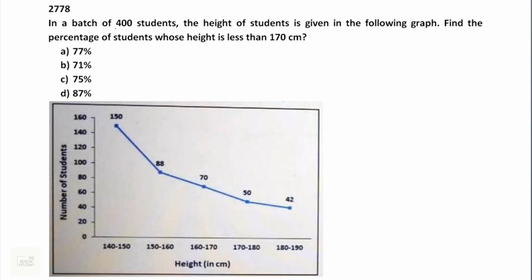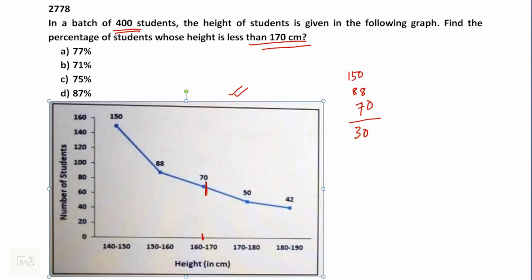In a batch of 400 students, the height of students is given in the following graph. Find the percentage of students whose height is less than 170. Less than 170 is this mark. The number of people who are less than 170 are 150, 88 and 70.